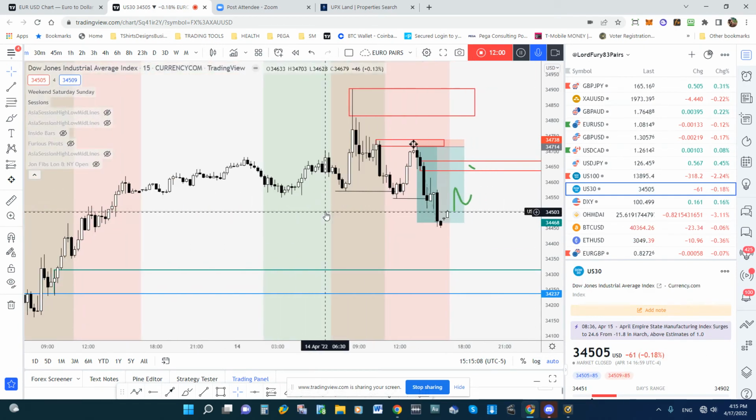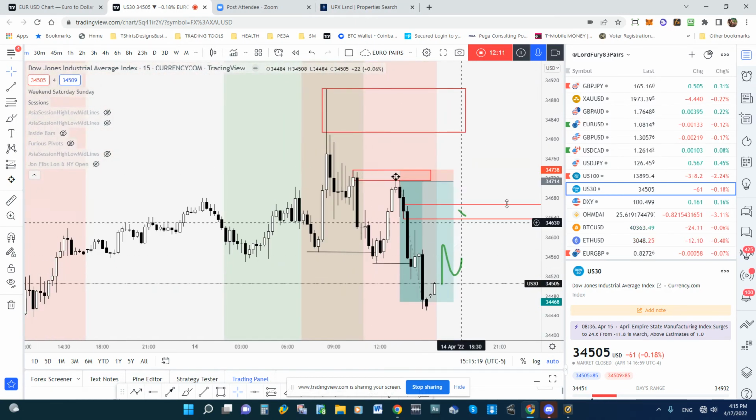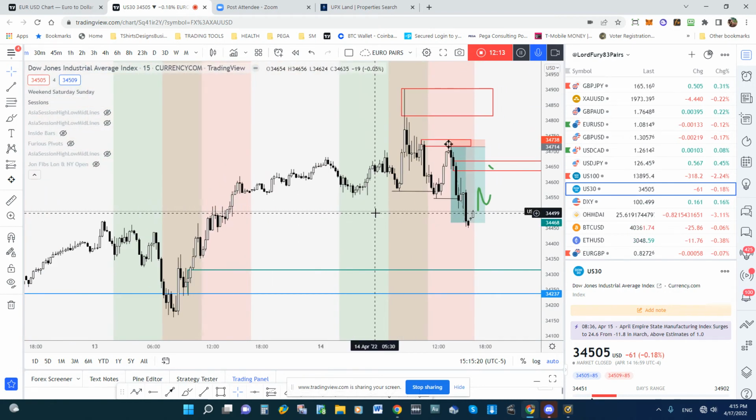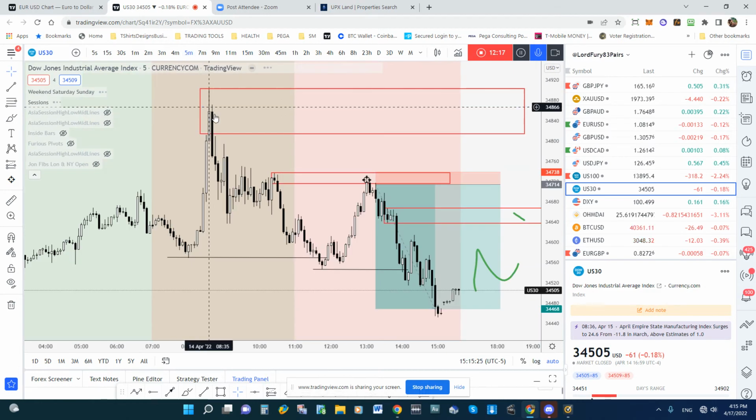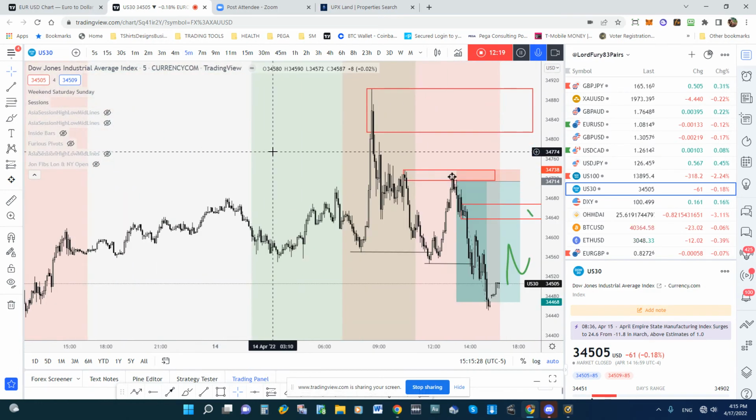And then on US30, the same trade didn't go as well, because it went skyrocketing up and just kept going up while Nasdaq was plummeting. But if you take all that aside, you guys can see how on 5 minutes it's even cleaner.